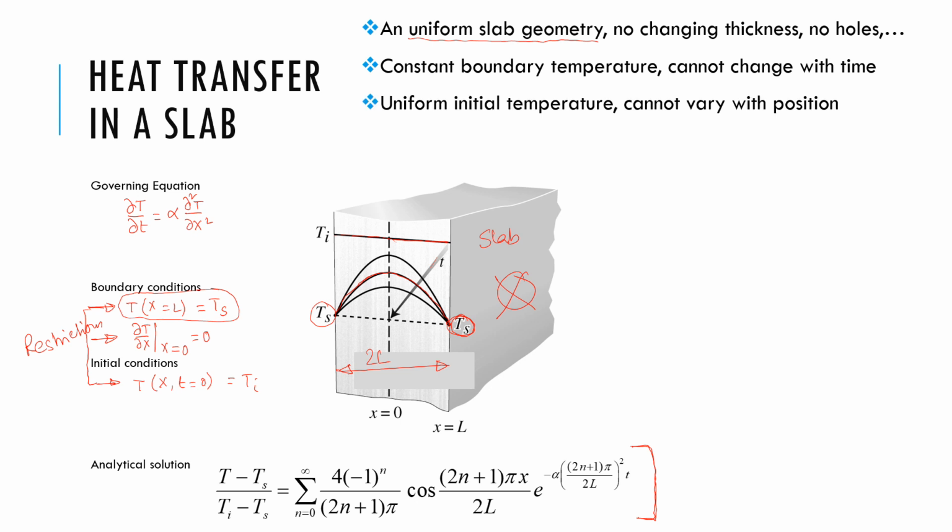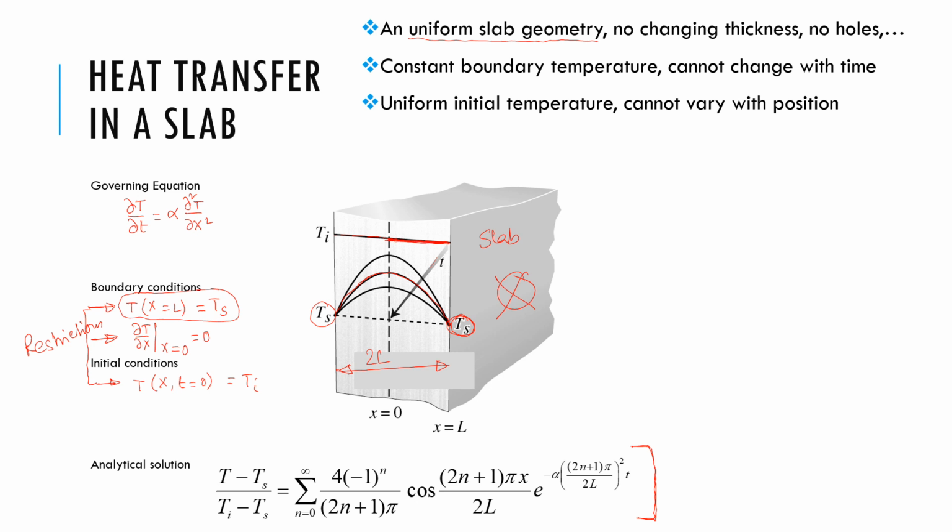Then what's another restriction? Uniform initial temperature. The initial temperature in this one is a constant, but think of our body. If we start from any condition in equilibrium, the inside is warmer than the surface, so the initial condition isn't going to be a constant.